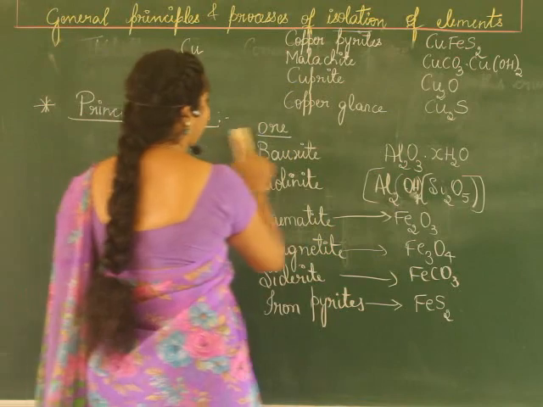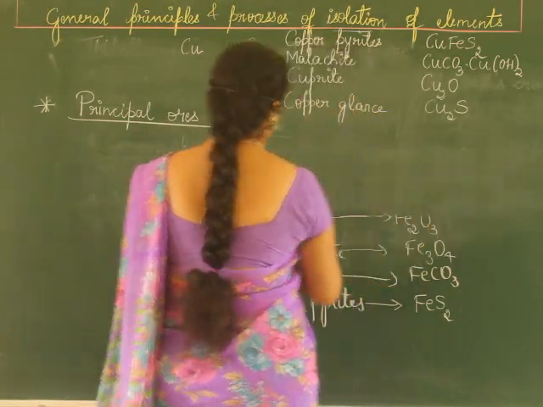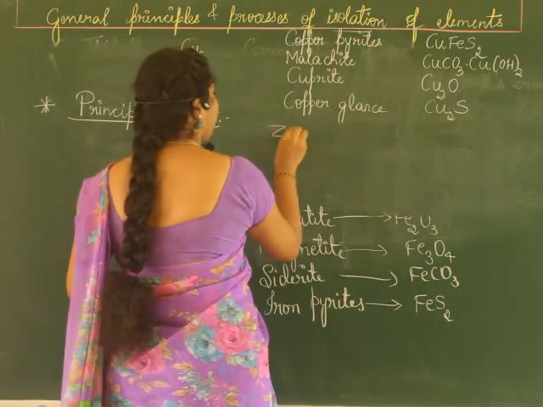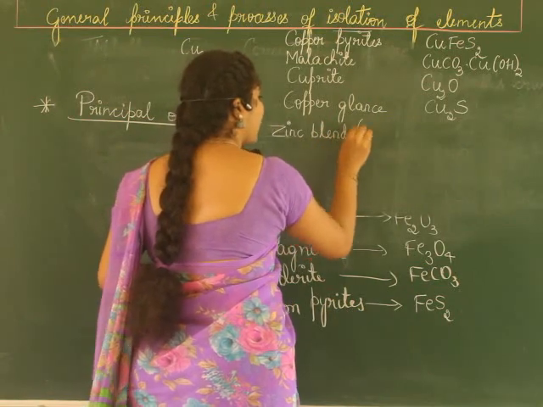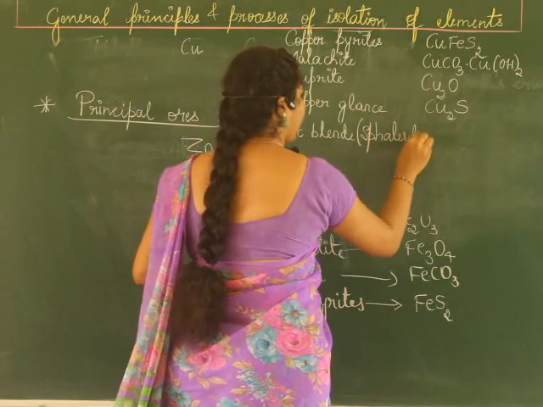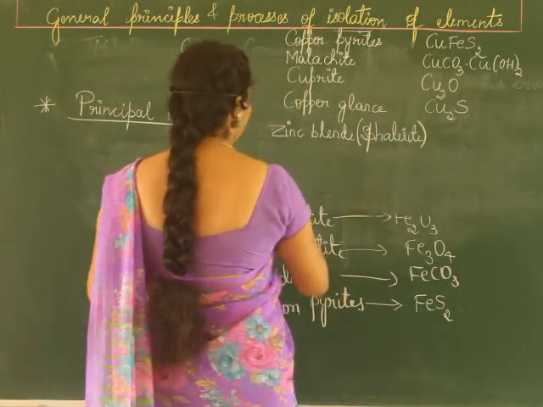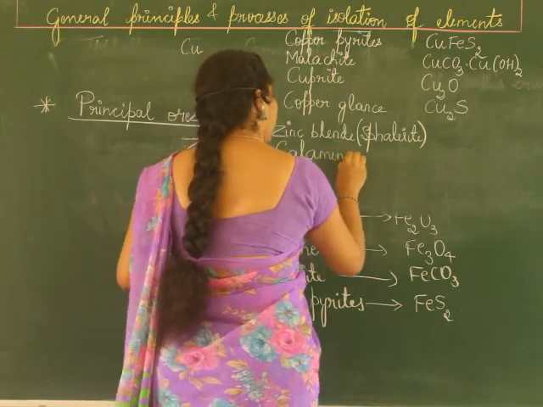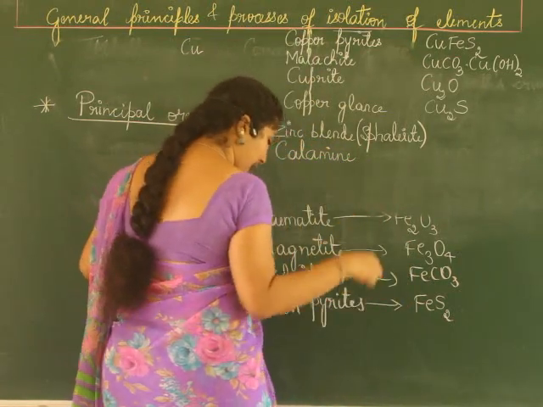Let me write for zinc. For zinc, we have zinc blende, also called sphalerite, or the other one which we have is calamine, and we have zincite.